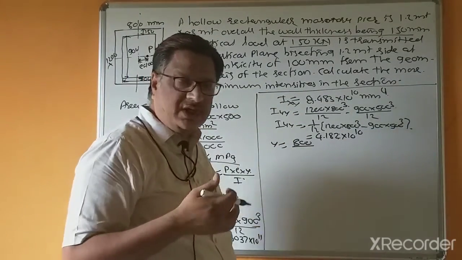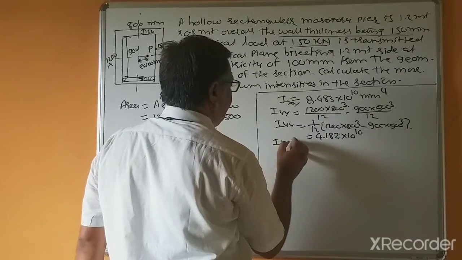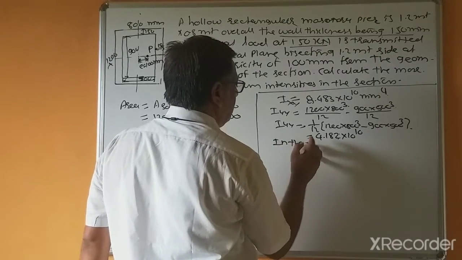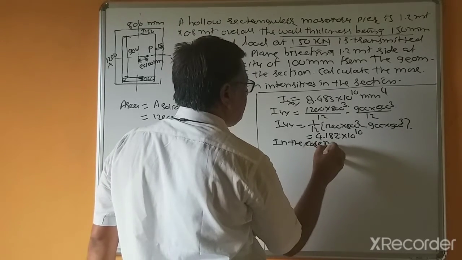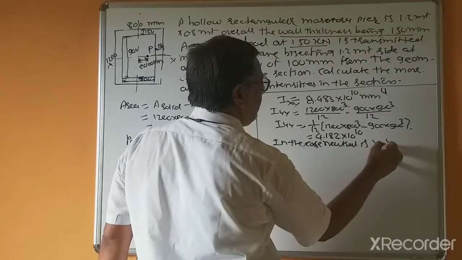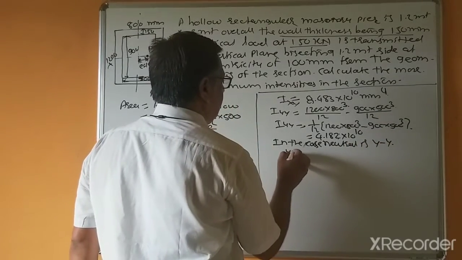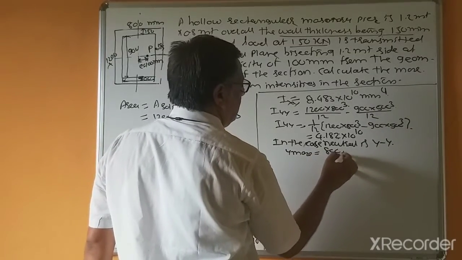In this case the neutral axis is yy. So that's why y max equal to 800 divided by 2.